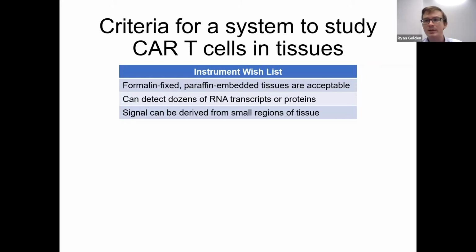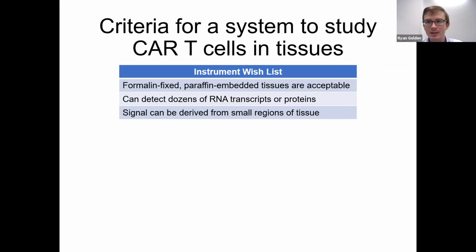We would also want something that lets us detect dozens or perhaps hundreds of RNA transcripts or proteins. And so going beyond just that simple IHC for a single protein or a simple immunofluorescence or RNAscope detecting a single gene by RNA expression. And so lastly, we also want something that lets us really finely dissect the gene expression across small regions of the tissue.